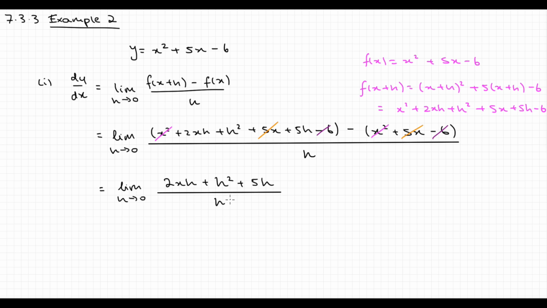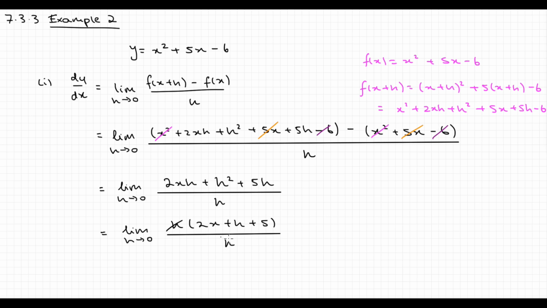What is important here is that the three terms in the top all contain a factor of h. So I can factorize that out, giving us the limit as h approaches 0 of h times (2x plus h plus 5), divided by h.